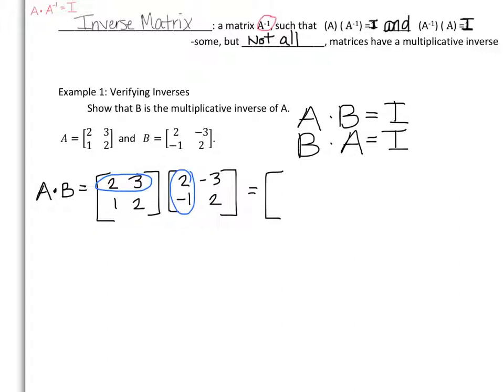It gives you 4 plus what? -3. Yep, good. Okay, now do first row times second column. What do you get? -6 plus 6. Okay. Now let's do second row and first column. What do you get?